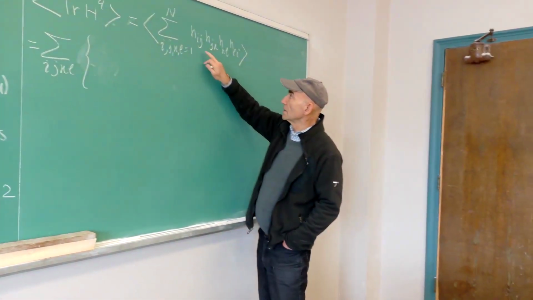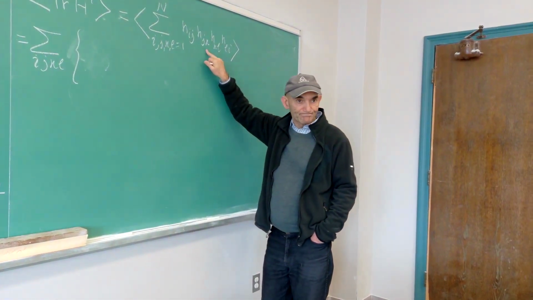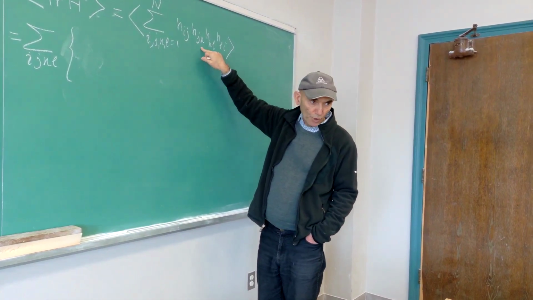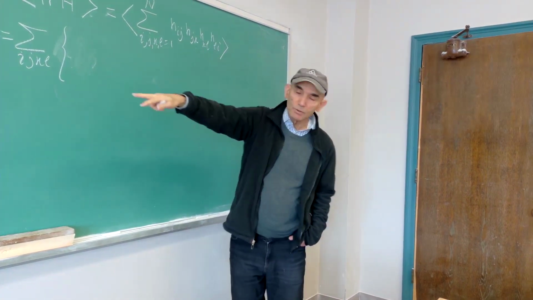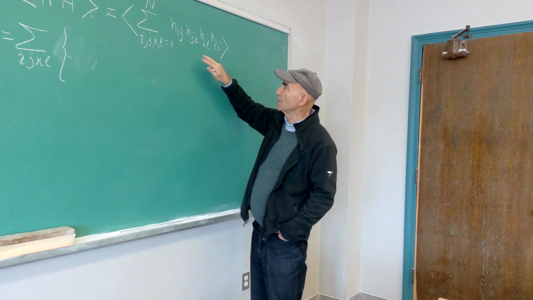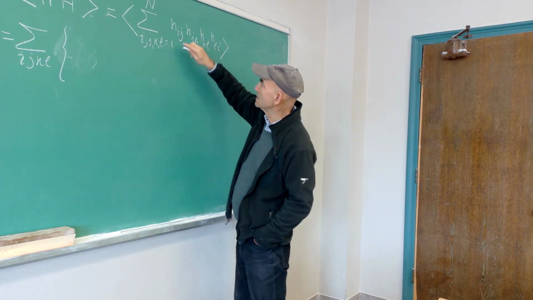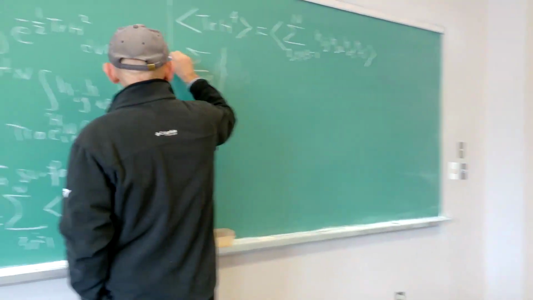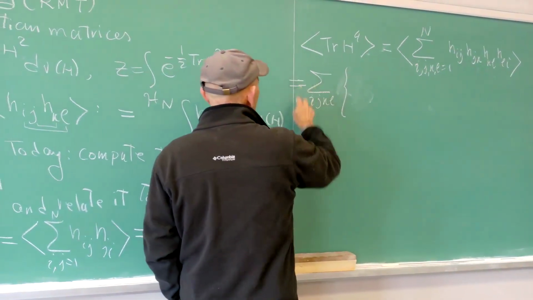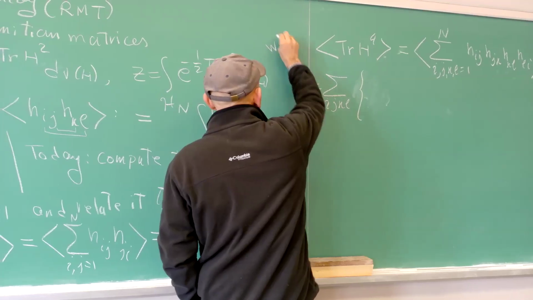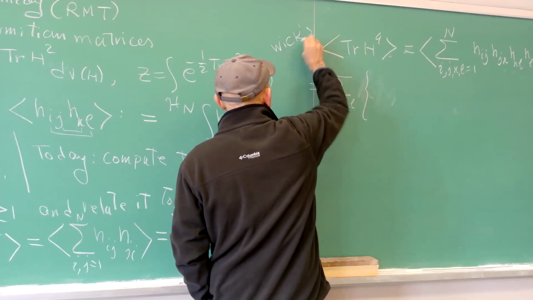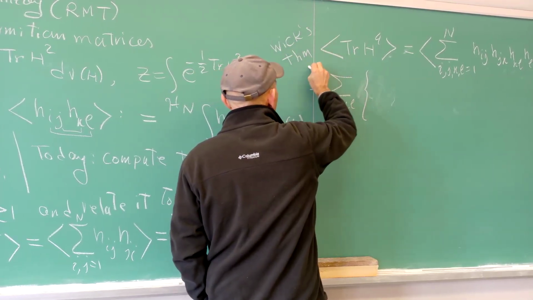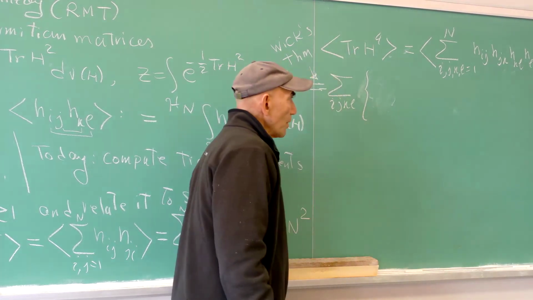Then we use Wick's theorem. So this is a product of 4 terms, and that's a Gaussian integral, so this can be decomposed in the following way. This step is a result of Wick's theorem.